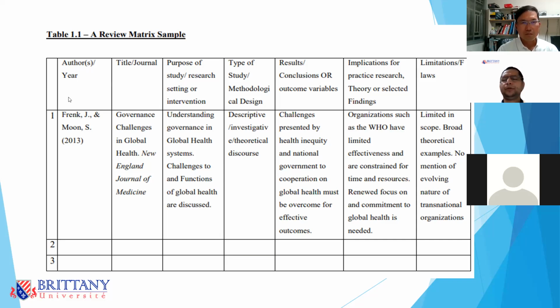So you create a Word file like this: author, who wrote this; the title of the journal, which journal this was published in; the purpose of the study, what was the purpose; the type of the study, is it quantitative, qualitative, descriptive, or investigative; result, what was the result; and implication, what was the issue, what was the limitation.